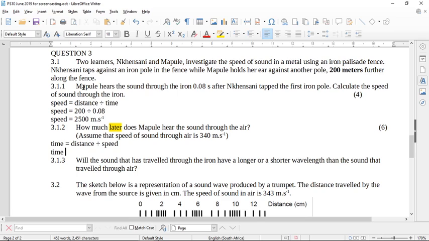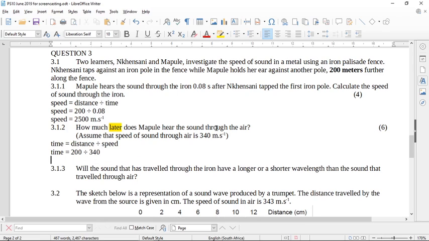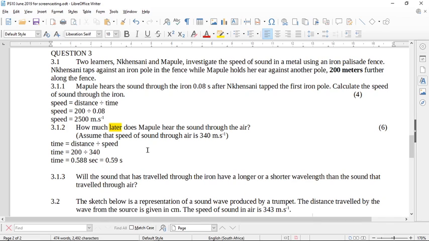So the time here is going to be the 200 meters divided by the speed, which is 340. Okay, so then if you put this in your calculator, you get something like 0.588 seconds, which we can round off to 0.59 seconds. So this is how long it took the sound, 0.59 seconds.